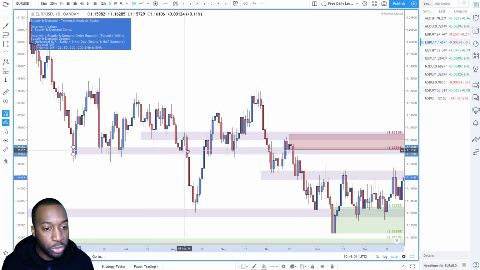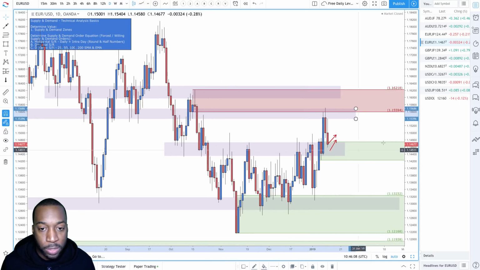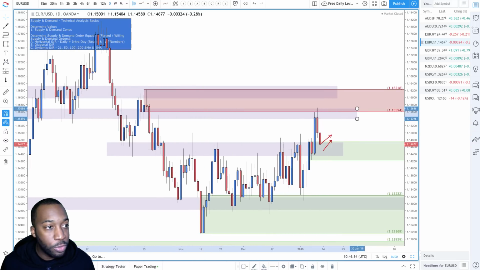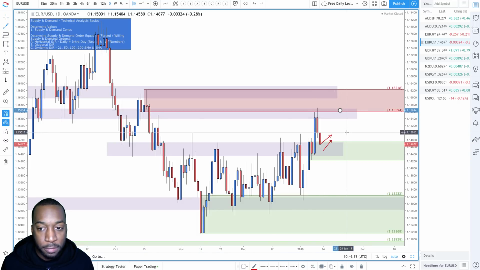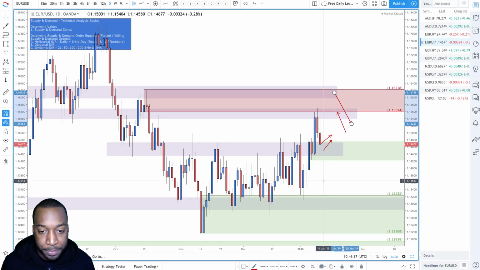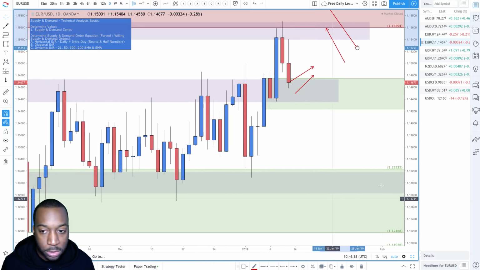Bit of resistance there. But wait for prices to come into this area here before looking at shorts. That was the first opportunity right there. So if you do see prices come up this week, that would be the first area to look to get short. And then your next area to look to get short would be the higher area right there as well.